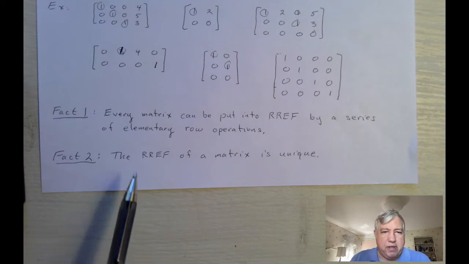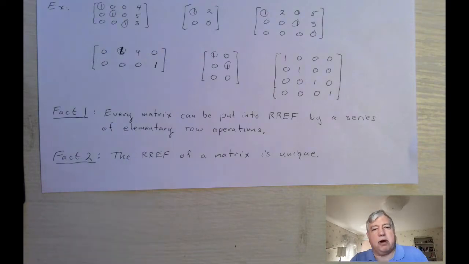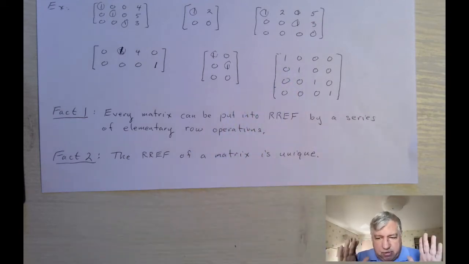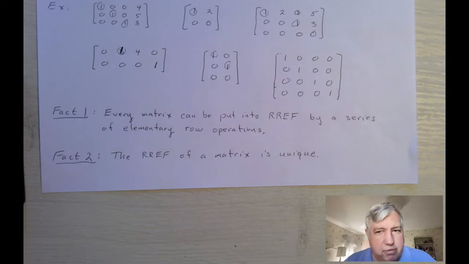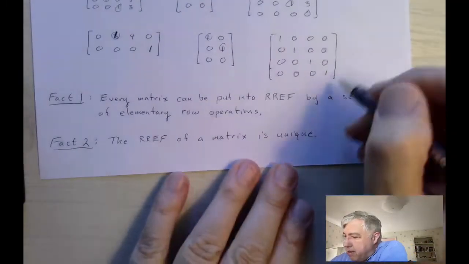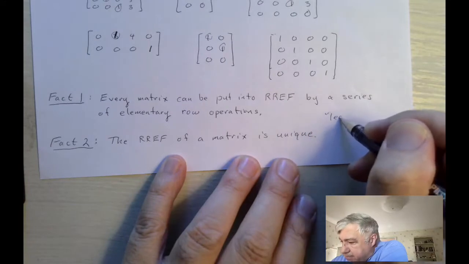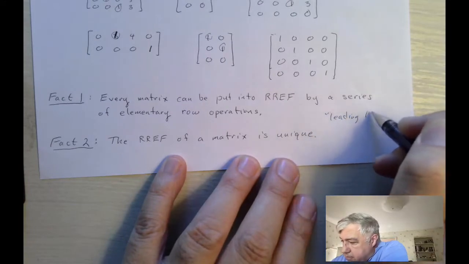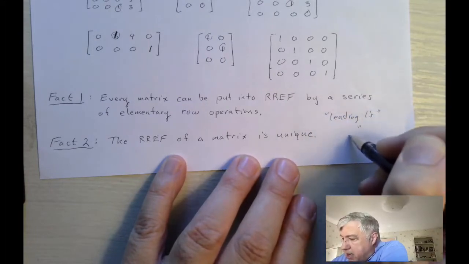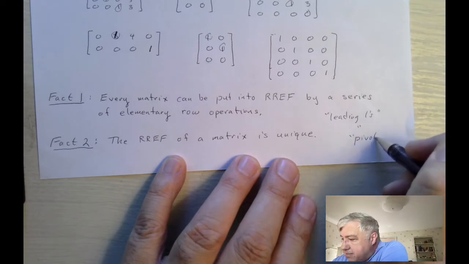And then another important fact is that the reduced row echelon form of a matrix is unique. That's where these ones come in. These leading ones. When you require the leading entry to be a 1, then you get uniqueness. Okay, and just so you know, the leading ones are sometimes called pivots.